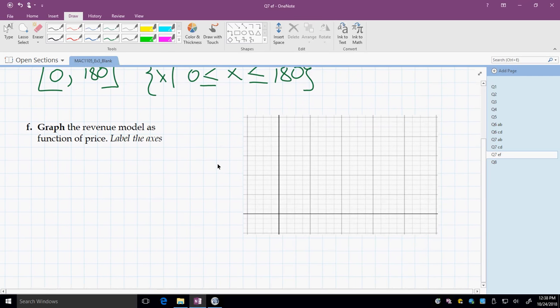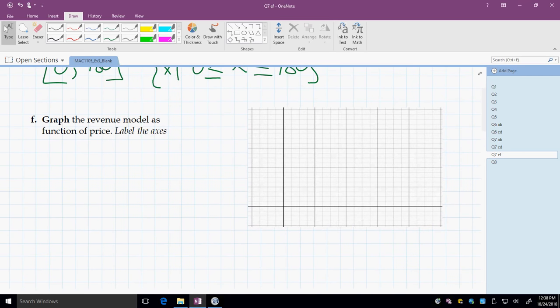Now 7F, we have graph the revenue model as a function of price, label your axes. So we're going to start by labeling our axes. Y is going to be the same, it's going to be revenue in dollars. Our x-axis is going to be the price, in dollar amounts.